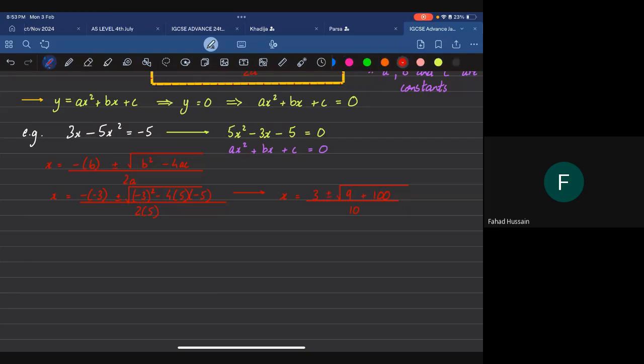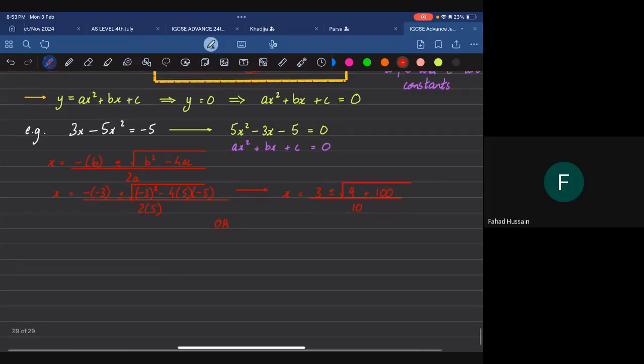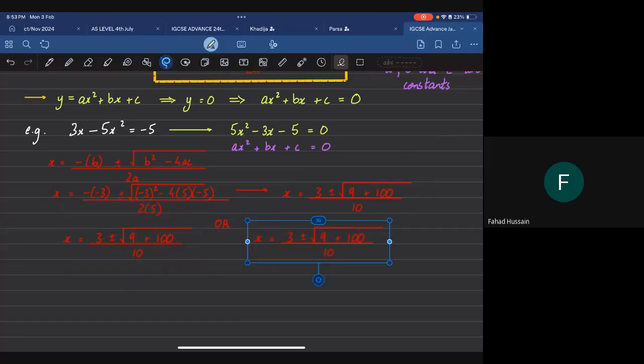All right. So now what's going to happen is that you can use this. So either x can be the same thing but with a positive sign, or x can be the same thing with a negative sign. Clear?